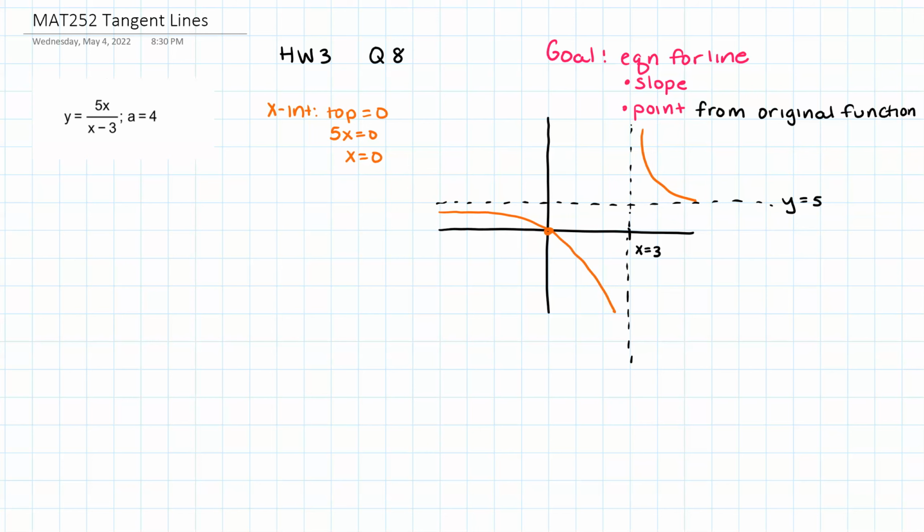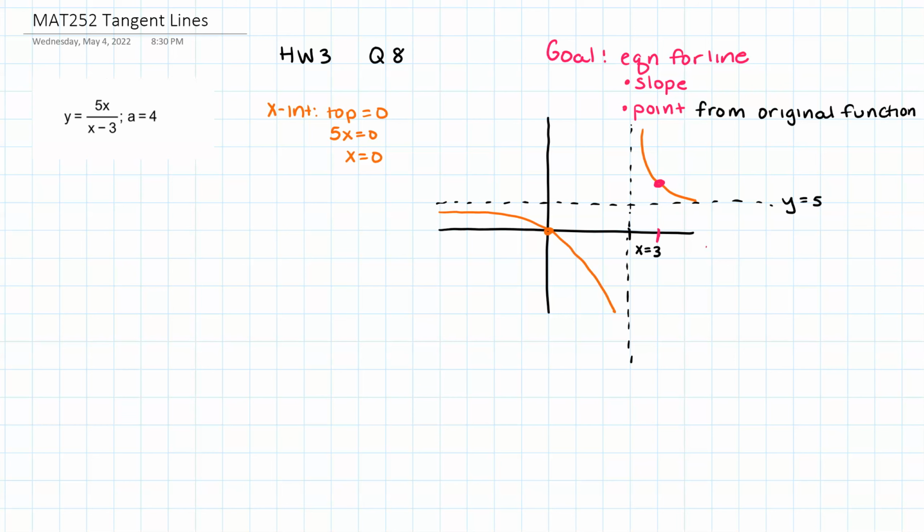So now we want a tangent line to that curve when x equals 4. So here's x equals 4, and I need to figure out this point here. How do I figure that out? Well, I just take my function and plug in 4.